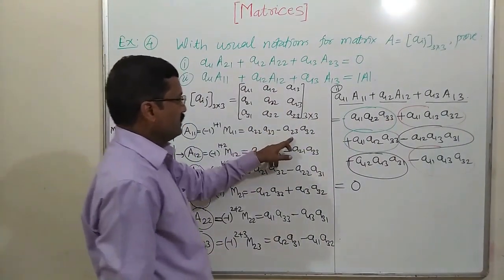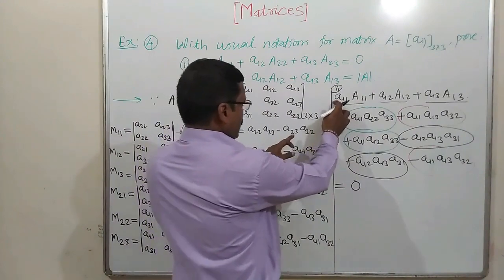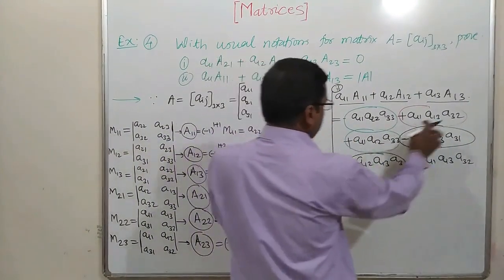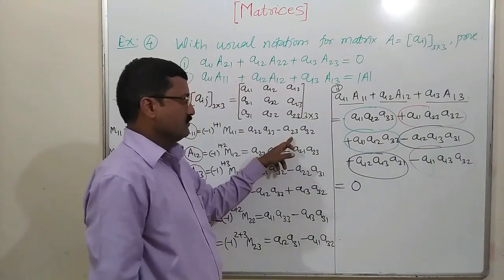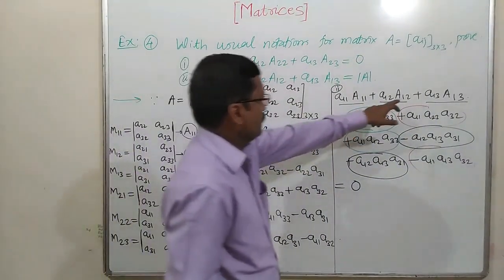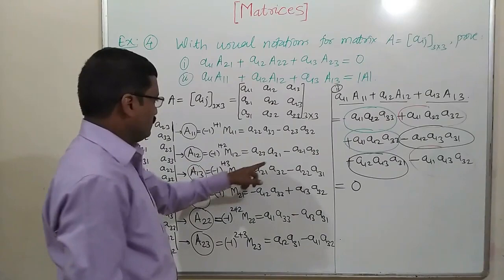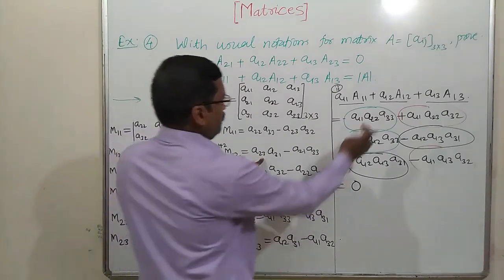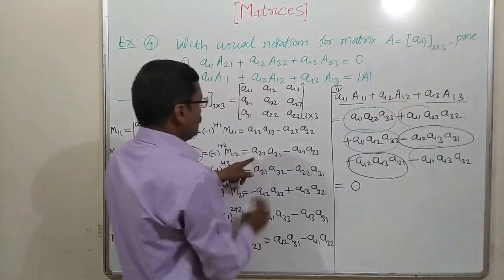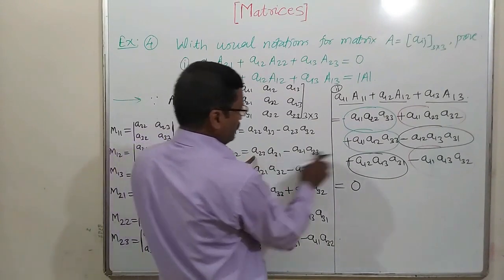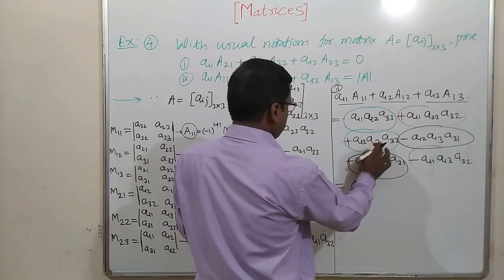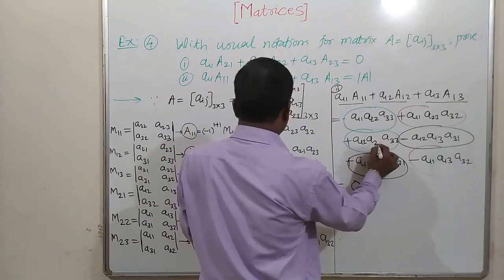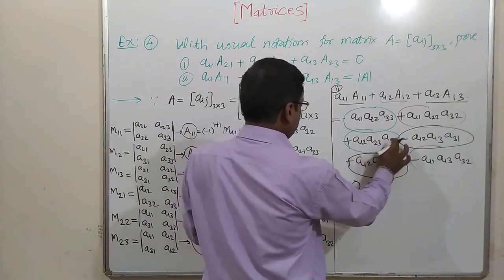Second element, multiplying this by a11, we get a11, a23, a32. Next, a12. A12 is this, multiply each element by small a12. So a12, a23 and a31.